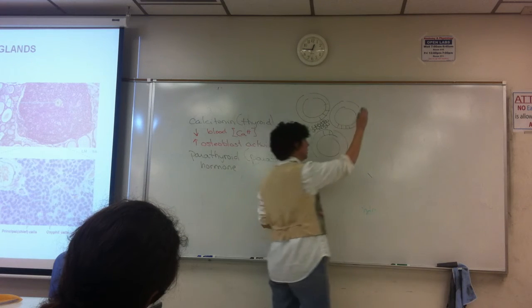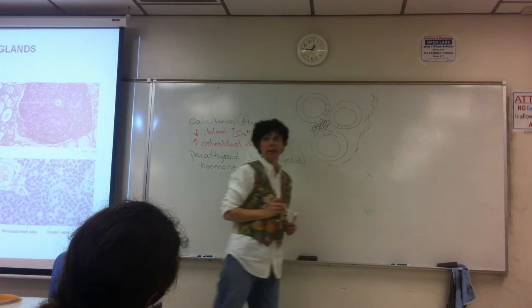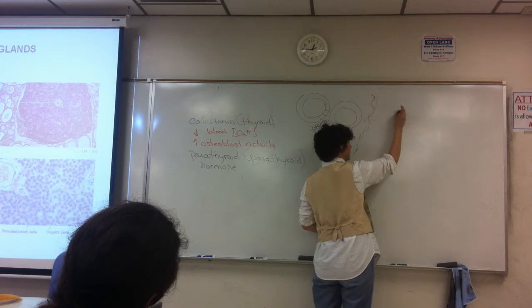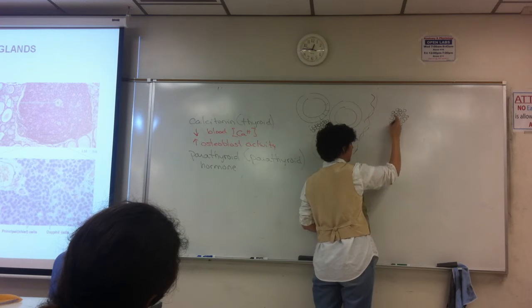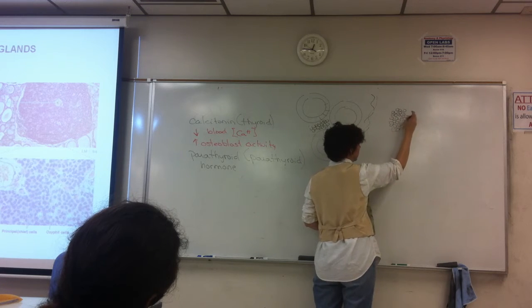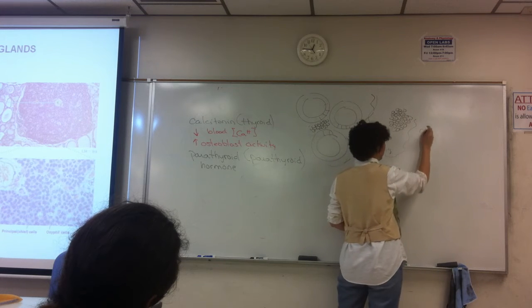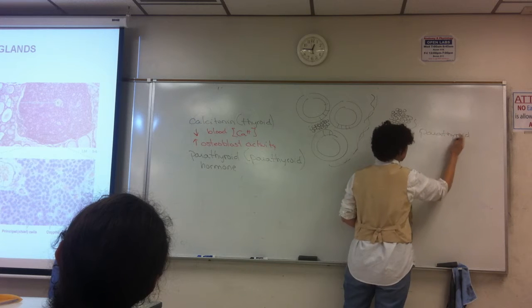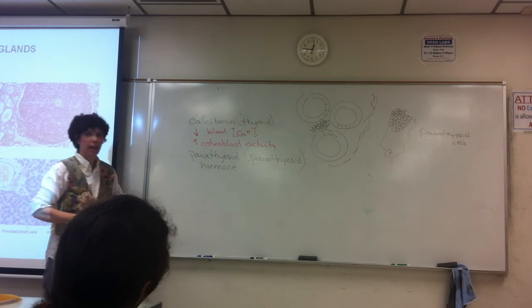Parathyroid cells: here would be our connective tissue capsule of the thyroid gland. And then out here, you'll see a cluster a bit larger and kind of like this. That's the parathyroid gland. They have the opposite role.